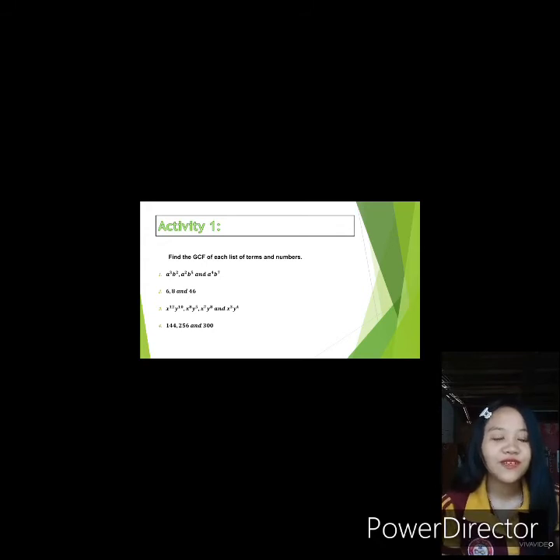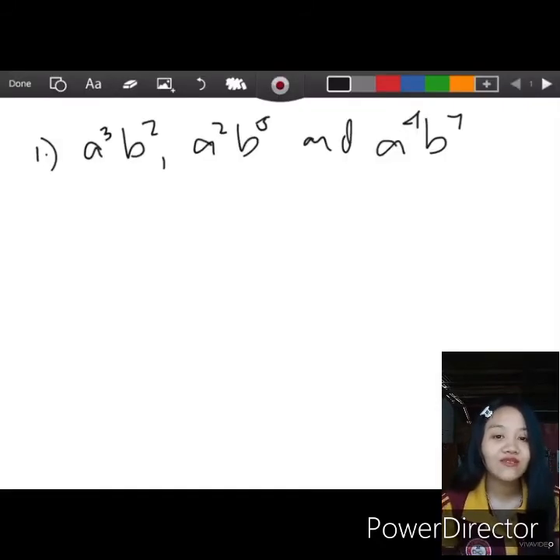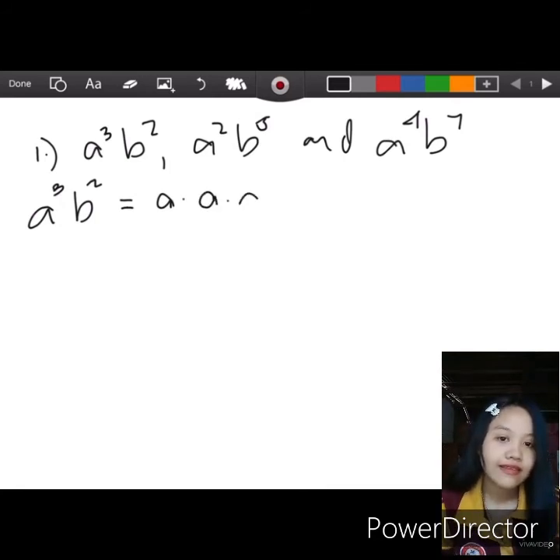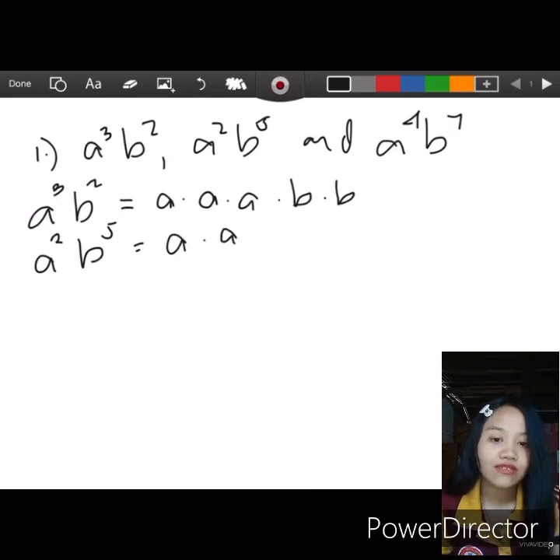Okay, sir. So the first thing that we need to do is spread these terms into their factor forms. So for the first term, we have a times a times a multiplied by b times b, which will give us a cubed times b squared. For the second term, we have a times a multiplied by b times b, which will give us a squared times b squared.